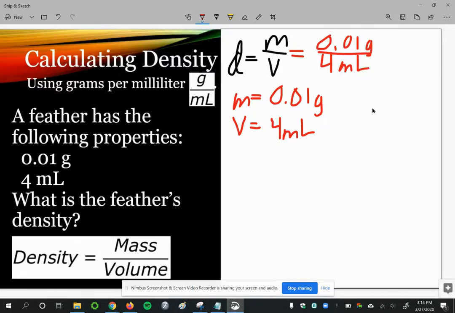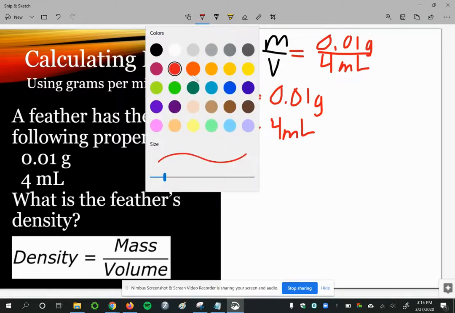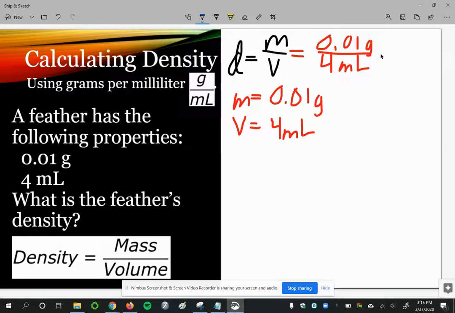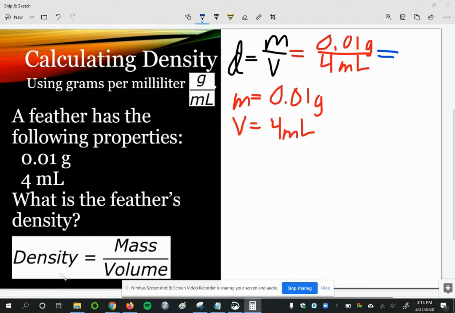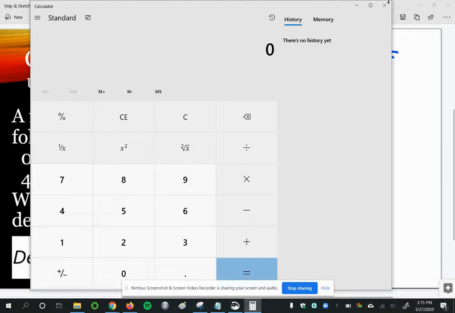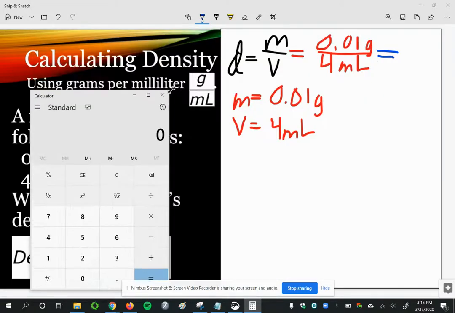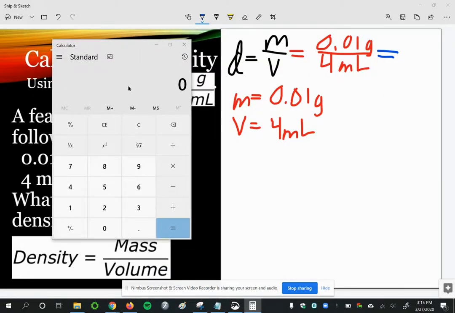Okay, so now what? Well, I'm not going to do long division. I'm not expecting anybody in this class to do long division. I'm just going to get out my handy-dandy calculator. So I'm going to say 0.01 grams divided by 4 milliliters.